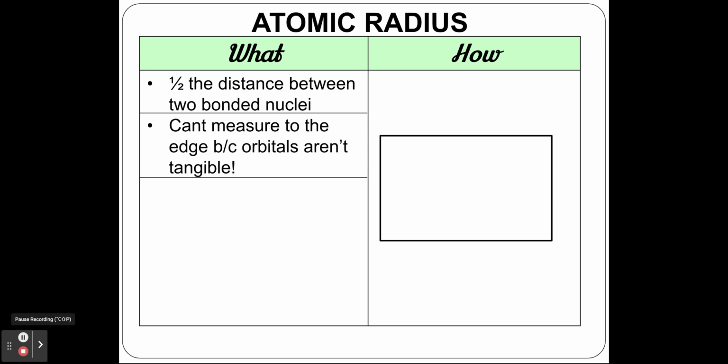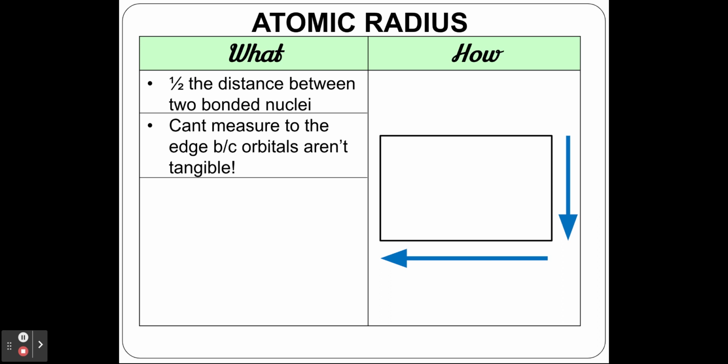So when we're talking about atomic radius, how does the atomic radius change? So the atomic radius is going to change as you go down a group. The atomic radius gets larger, and as you go from right to left, it's going to get larger.